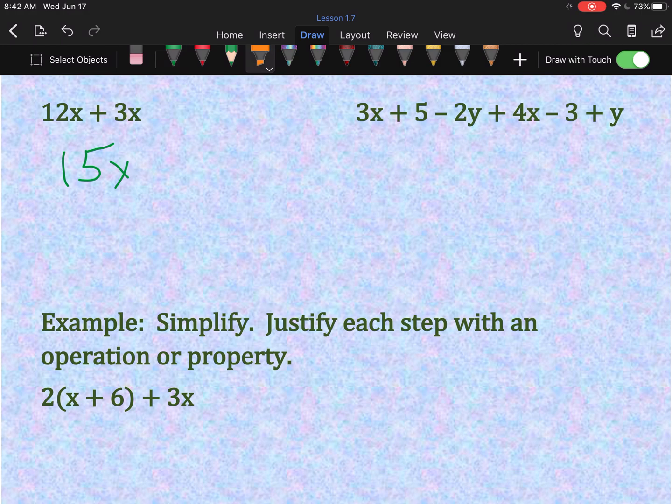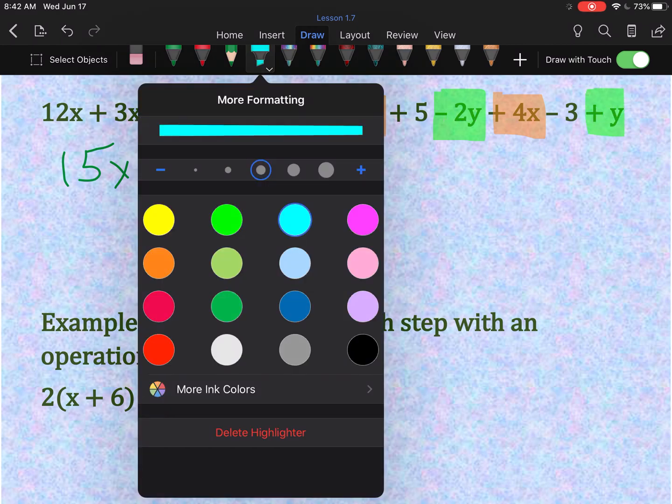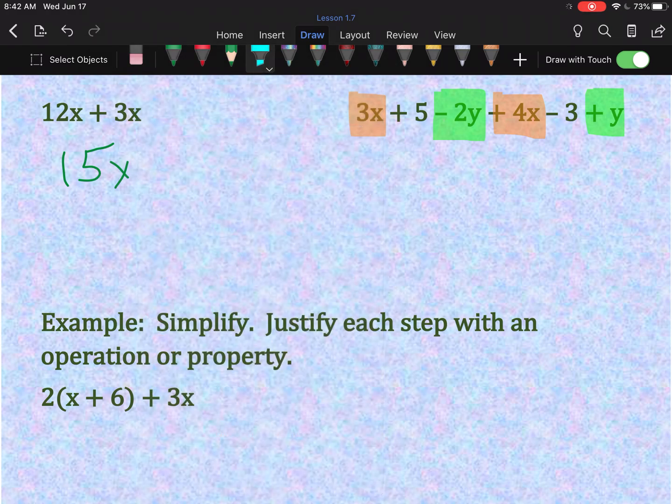Okay. Next problem. I've got x's. I've got y's. And I've got numbers that have no variable.